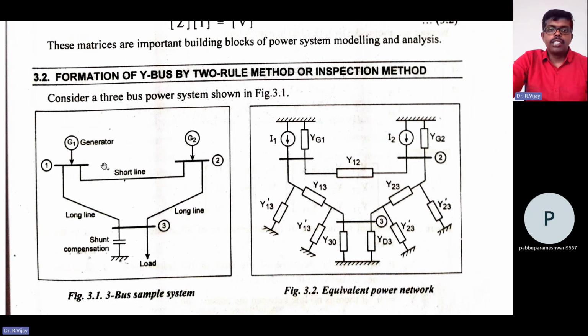Here the short line we are converting into Y12, which is the admittance between bus 1 and bus 2.